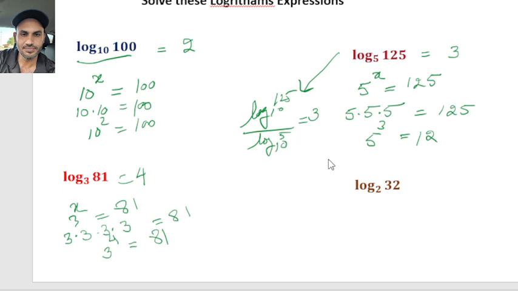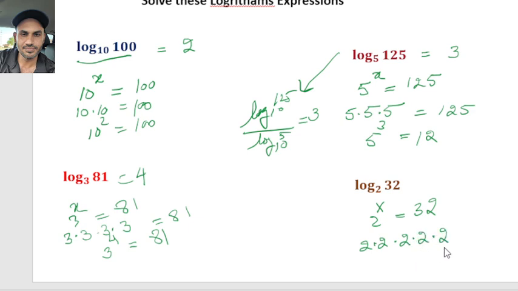Okay. And this one, same thing, log of 32 with base 2. They're asking what is the exponent of 2 that would get us to 32. So we start with 2 and find the multiples of 2, multiplying them. 4, 8, 16, 32.